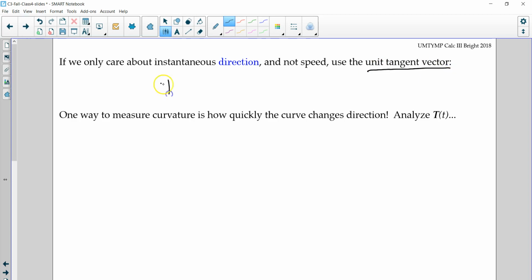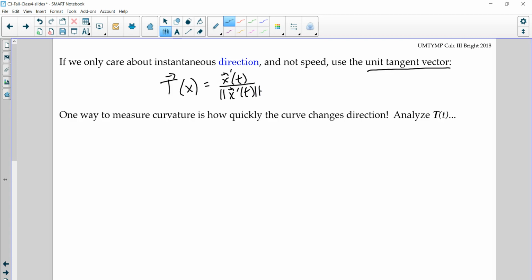If I call that vector T, the unit tangent vector is computed as the derivative vector for that curve, x prime of t, divided by its length, in order to make it a unit length. And that's the unit tangent vector.